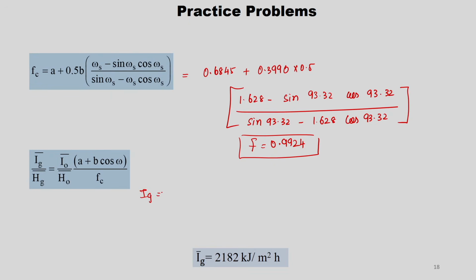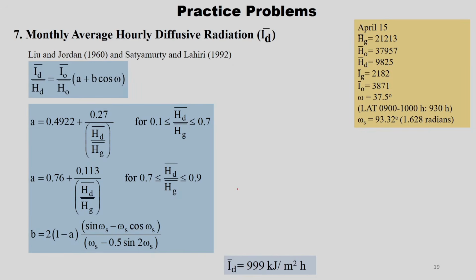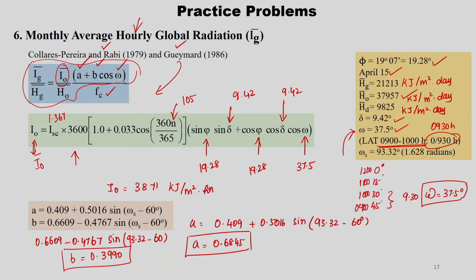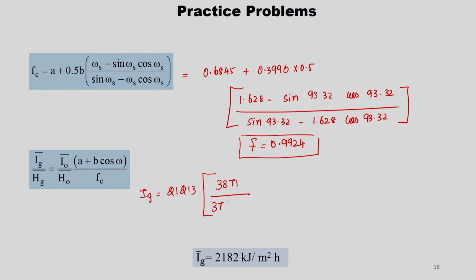Ig is Hg, which is given here as 21213, into I naught, which we just calculated as 3871, upon H naught, which we already have as 37957, into A, 0.6845, plus B, 0.3990, cos omega, 37.5, upon Fc, 0.9924.